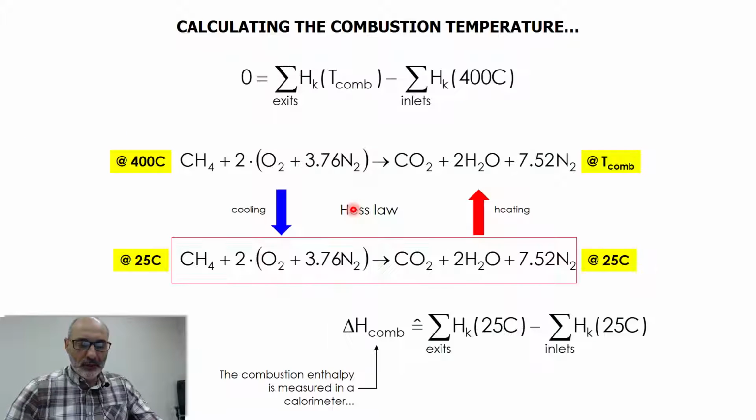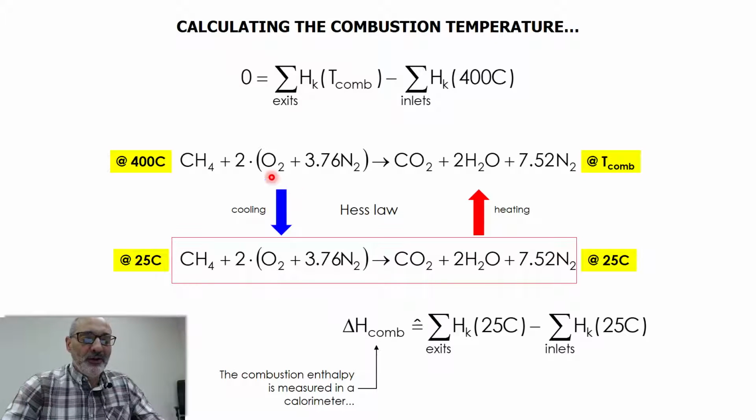I'm going back to a few slides here. Since we have to cool from 400 to 25, and then heat from 25 to the combustion temperature, we're going to need the corresponding specific heats. So we need the specific heat of methane, because we're going to cool methane from 400 to 25.